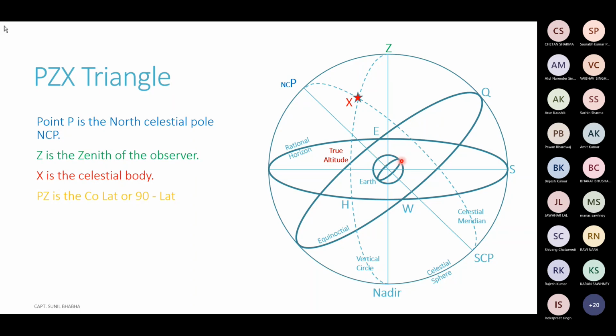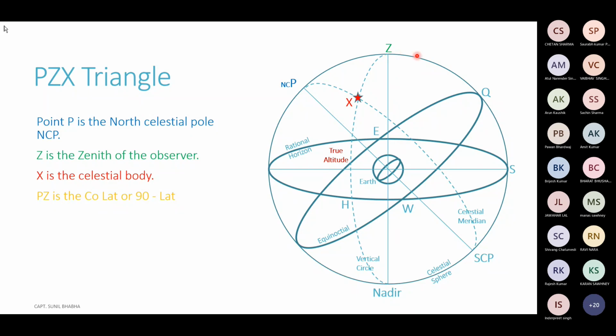Now, the equator is projected onto the celestial sphere as the equinoctial. You see this Q point is represented here. The Q point represents the position of the equator on the celestial sphere, and the observer's position is projected onto the celestial sphere at the zenith. So at this Z point is where the observer's position is projected.